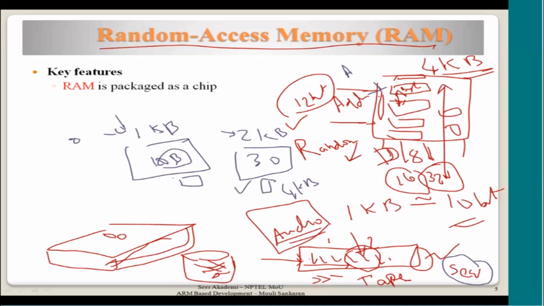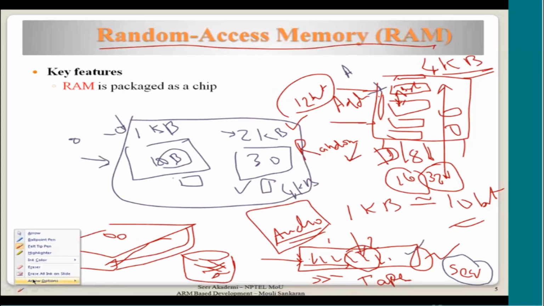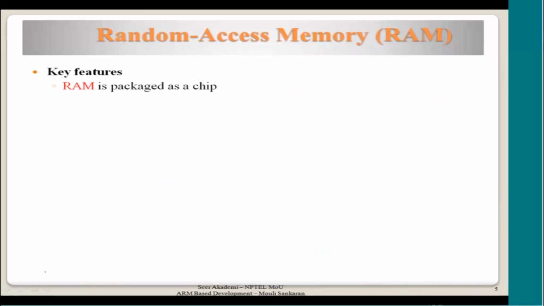So the access time is independent of the address that you are trying to access. That's the difference from sequential access. Any address you give, it provides you the data, with a relative delay, but independent of the address. So that's what I am calling a RAM.